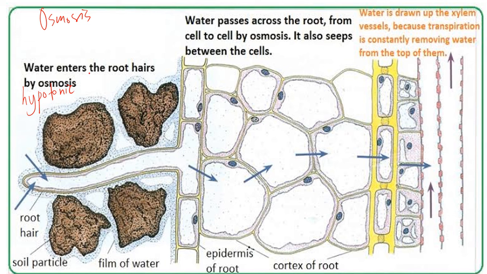Hypotonic substances are dilute, where the water potential is high. Since the water potential is high outside, it makes the inside hypertonic, where the water potential is low.